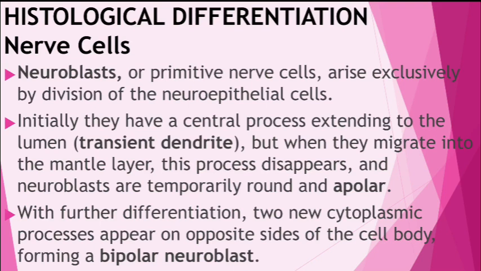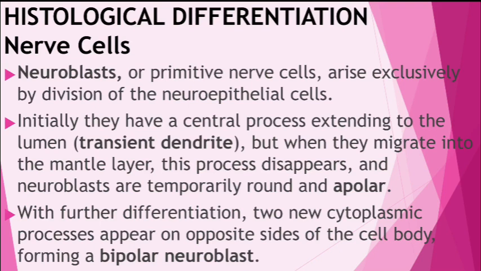With further differentiation, you now have the nerve cell with two cytoplasmic processes that appear on opposite sides of the cell body, and this forms a bipolar neuroblast. The process at one end of the cell elongates rapidly to form the primitive axon, and the process at the other end shows a number of cytoplasmic processes, the primitive dendrites.